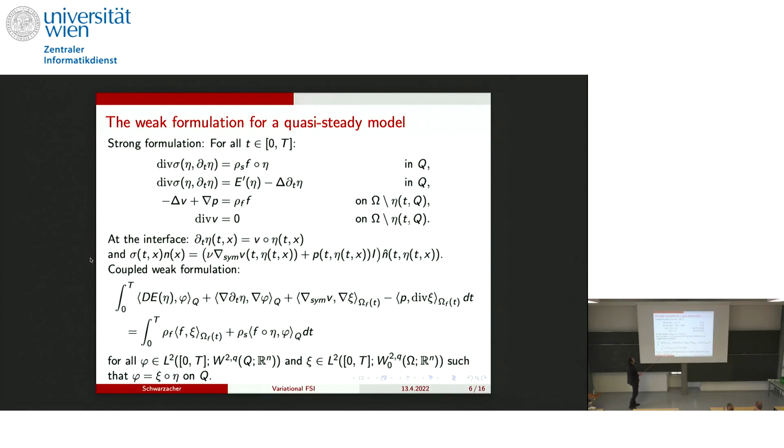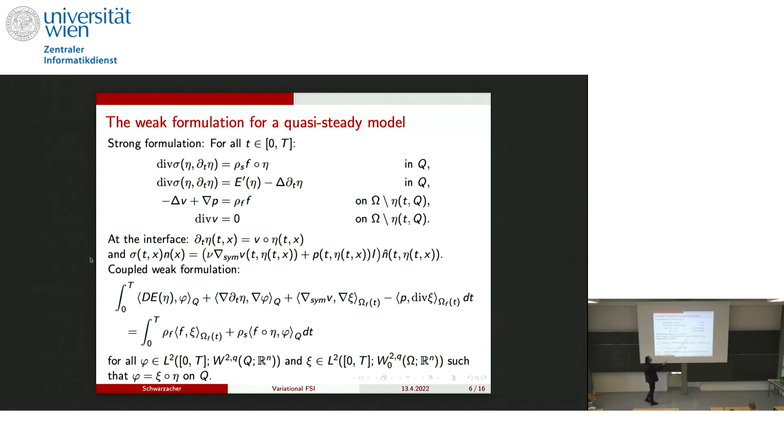So here are the strong formulations. This is now the quasi-steady model, so we don't have inertia here. So this means no inertia for the fluid means that the prominent material time derivative is missing in the Navier-Stokes equations, and you are left with the steady Stokes equation here.